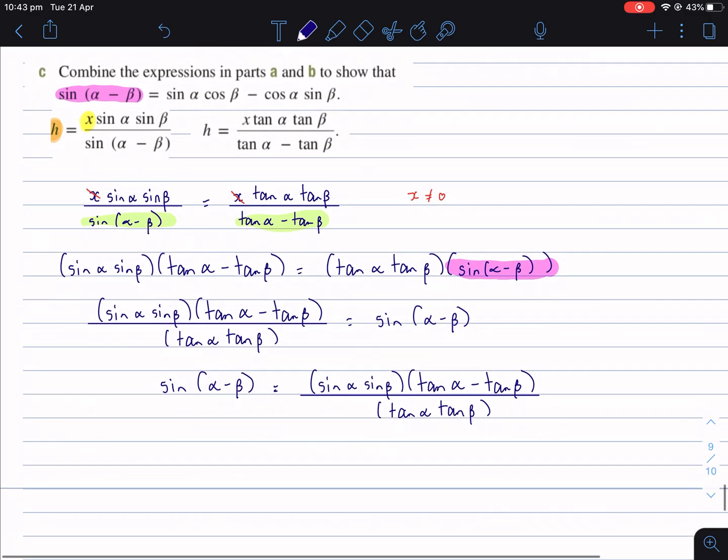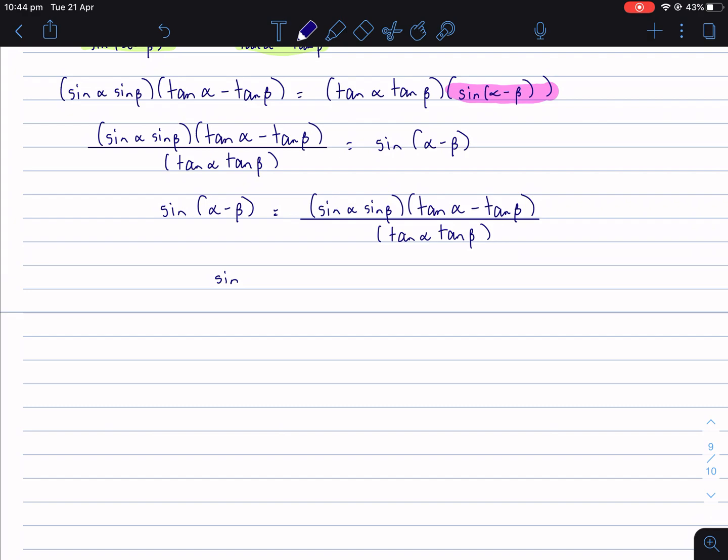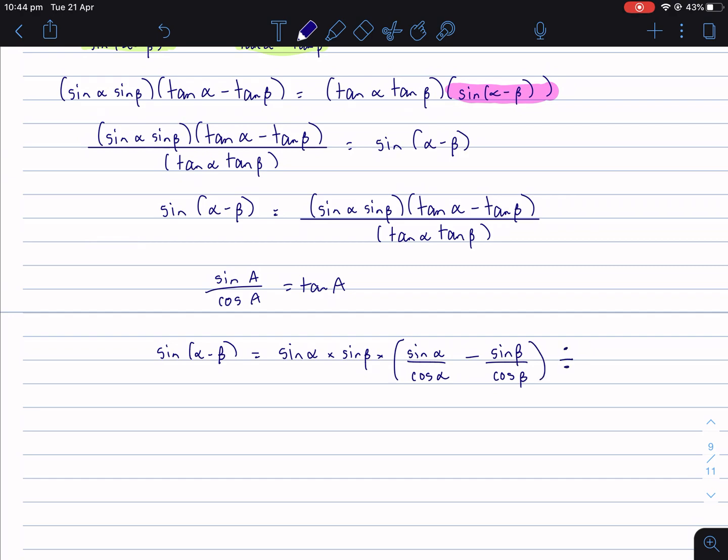And I think we're going to have to get rid of some stuff by using the fact that sine A over cos A equals tan A. So we're going to turn all these tans into sines and coses. So we've got sine alpha minus beta equals, well, I've got sine alpha times sine beta times sine alpha on cos alpha minus sine beta on cos beta divided by tan alpha tan beta.